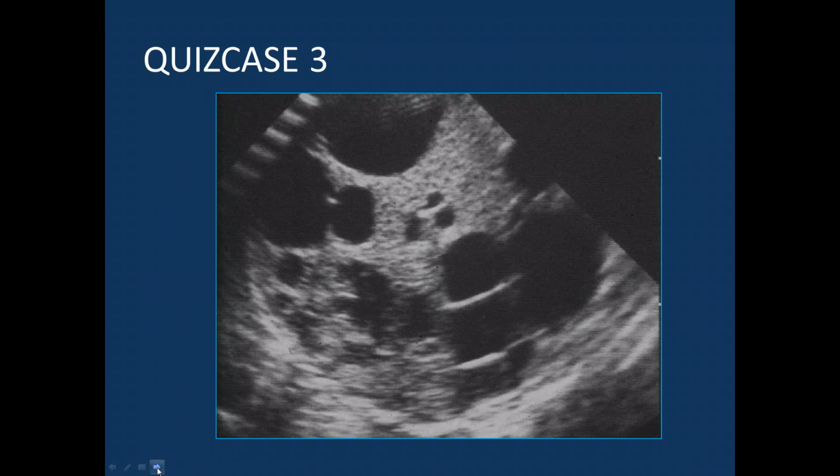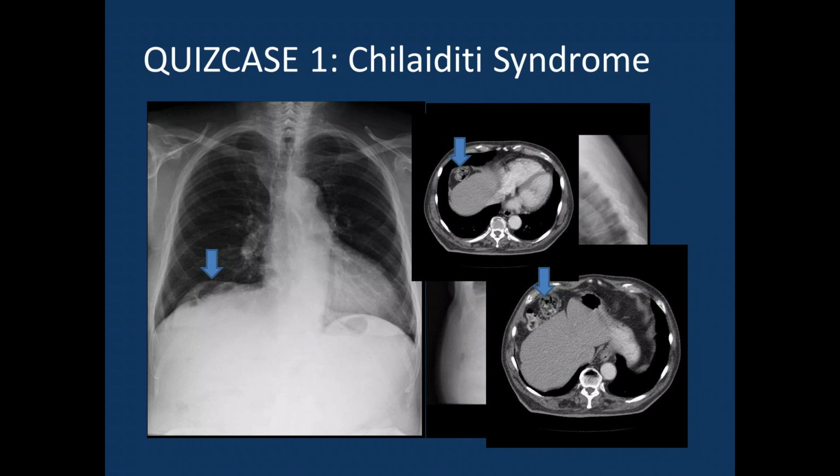And now I'm happy to present the first case. It's the famous Chilaiditi syndrome. What the European Union was not able to do was to make an alliance with Turkey, but in the beginning of the 20th century, a famous Austrian radiologist called Guido Holzknecht had a Turkish resident, and this was Mr. Chilaiditi.